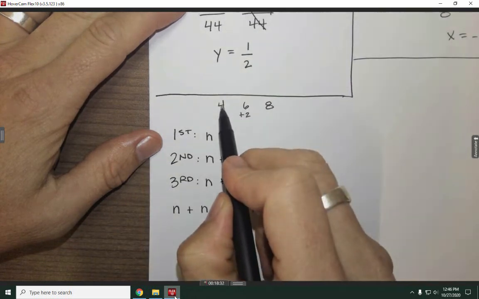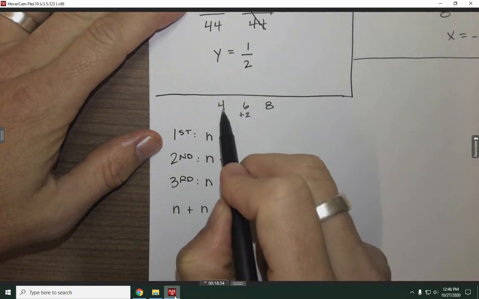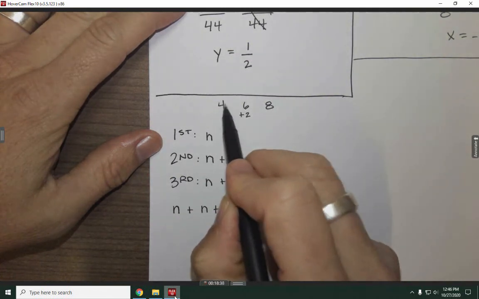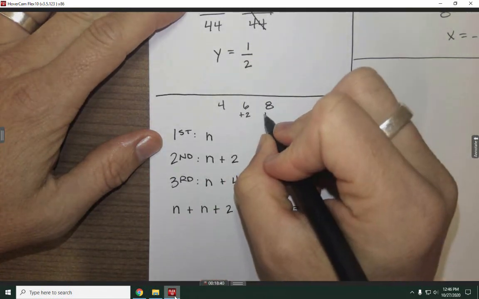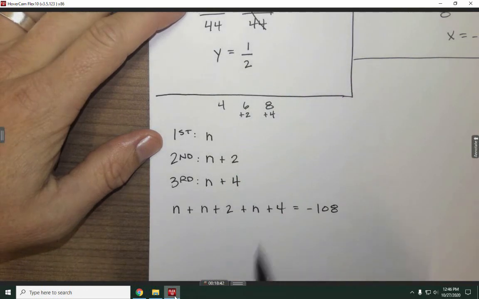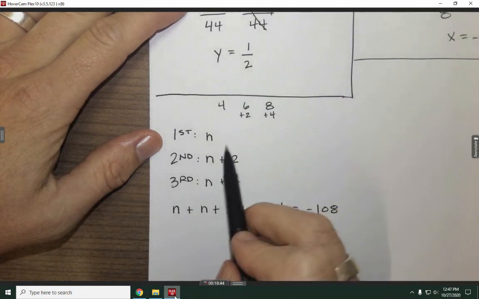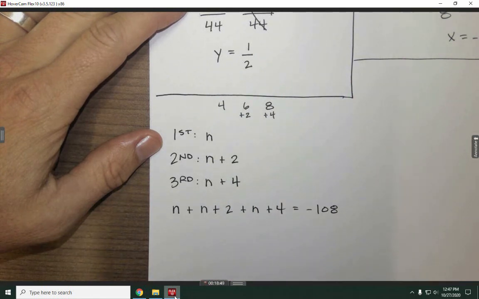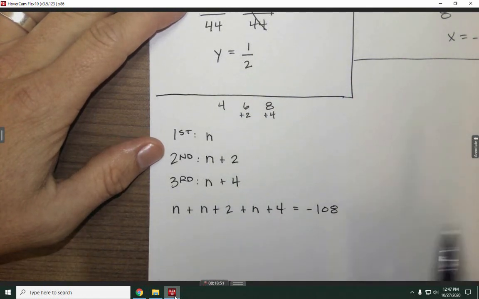And since we're setting this up as our first unknown, it's always in relationship to this one. So how much do we have to add to get from here to here? Well, we had to add 4. So that's why we're calling this one n. This one is n plus 2, and this one is n plus 4.